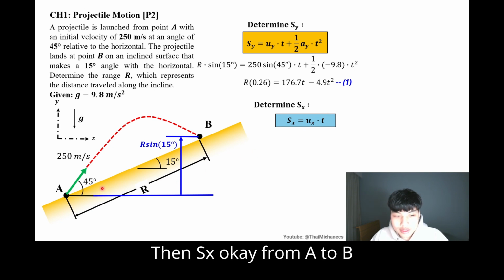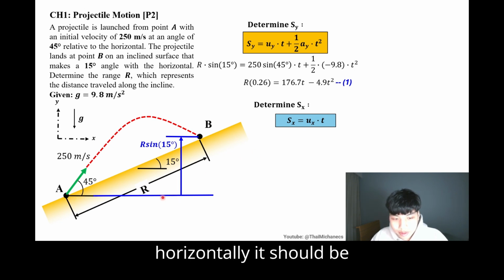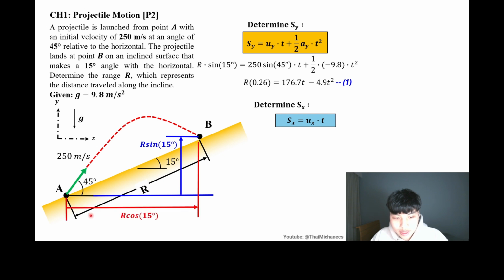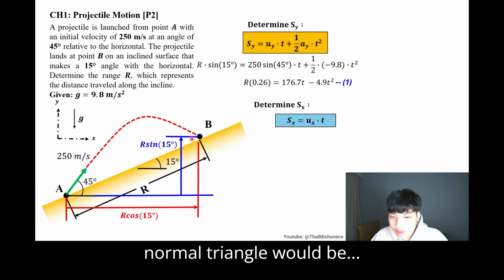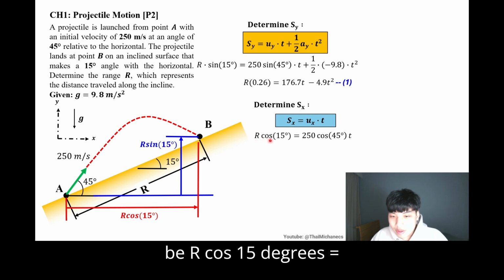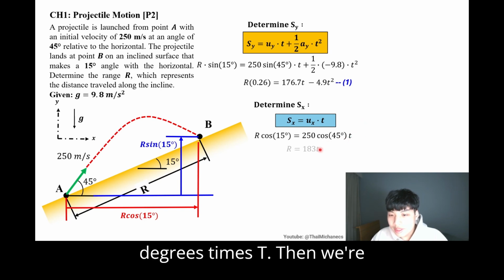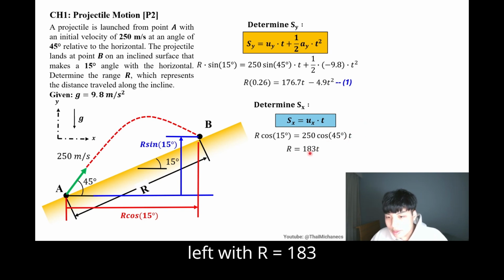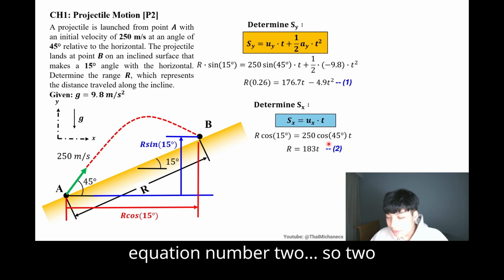Then sx, from A to B horizontally, should be r cos 15 degrees, as a normal triangle would give. We plug in what we know. It will be r cos 15 degrees equal to 250 cos 45 degrees times t. Then we are left with r equals 183 times t, as equation number 2.